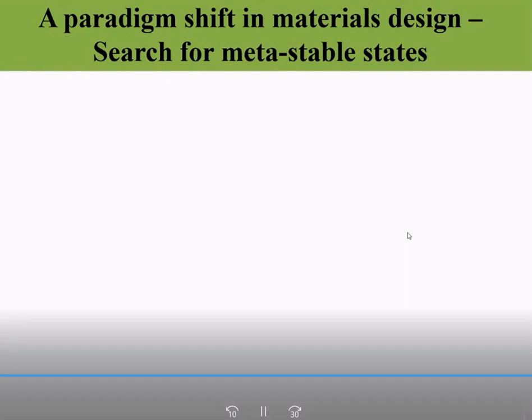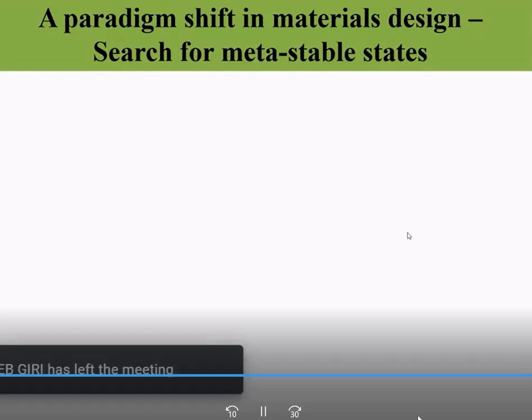So here, for the next few minutes, let me tell you a paradigm shift in materials design. And the design here is that we do not want to get stuck in the global minimum of the potential energy surface. We want to really prevent the system from going into the stable configuration, but get stuck in a metastable state.